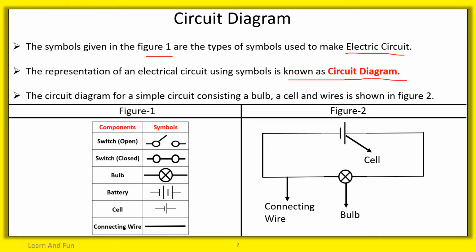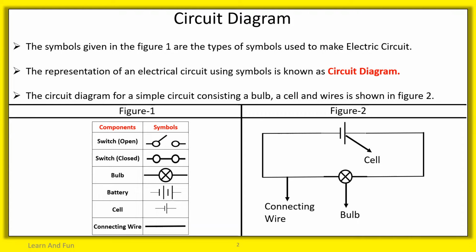Then we have the bulb. The symbol of the bulb is different and easy to remember as there is a circle in the middle and a cross. And then we have the battery, whose symbol is given on the right. A cell is like half of a battery.